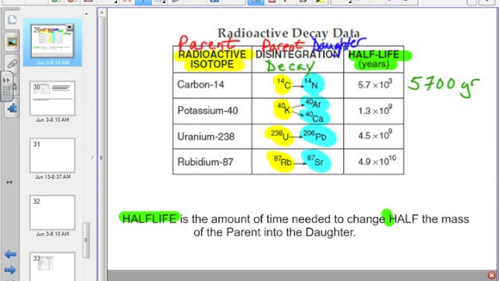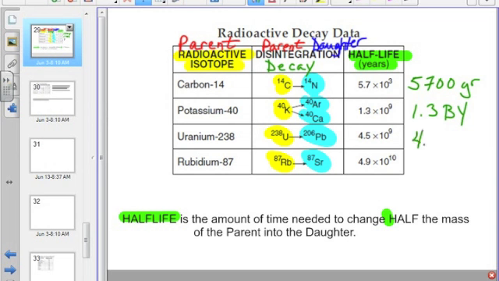And when we start looking at the other radioactive parents, we're going to see their half-lives are way, way, way longer. Potassium-40 has a half-life of 1.3 times 10 to the 9th years. That is equivalent to 1.3 billion years. That's a big change from 5,700 years for carbon-14. Uranium-238 has a half-life of 4.5 times 10 to the 9th years.